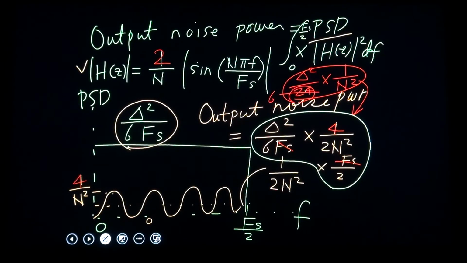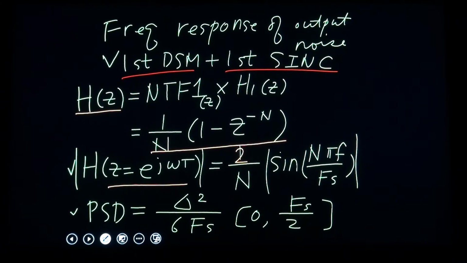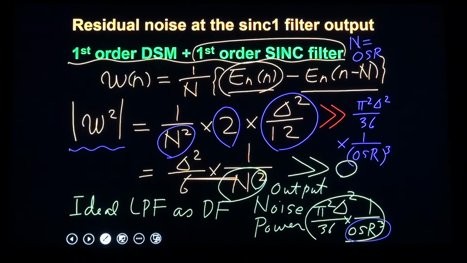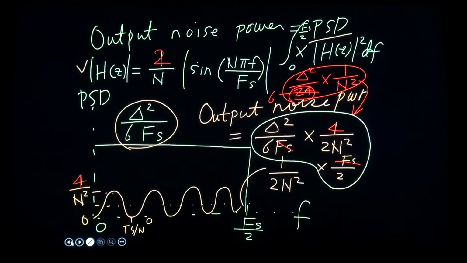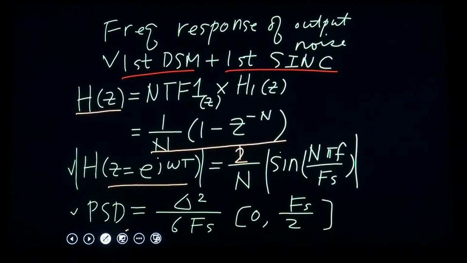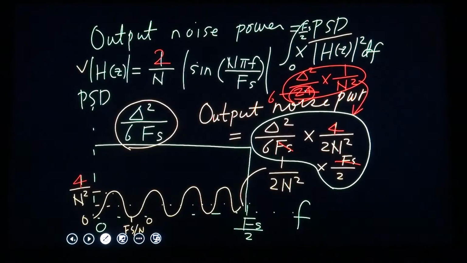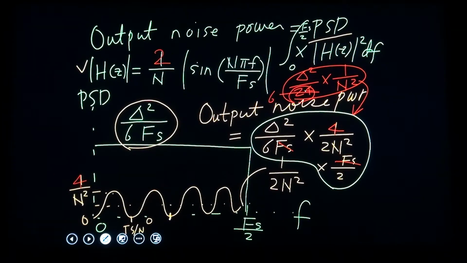This transfer function swings between 0 and 4 over n squared. This frequency is fs over n, and this frequency is 2 fs over n.